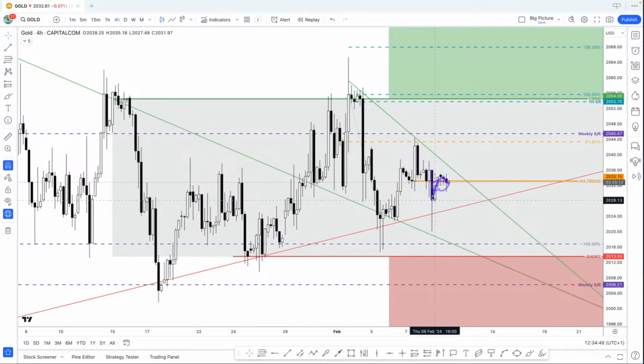So the space is very narrow here. It's very difficult to tell you where the price is heading. But we have a 4 hour starting point here.